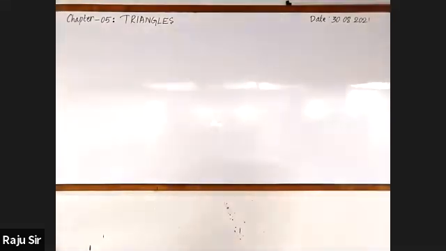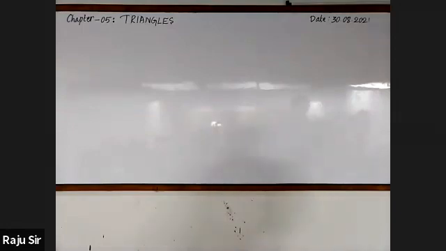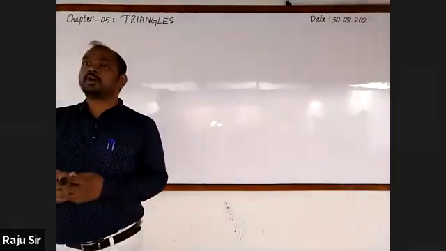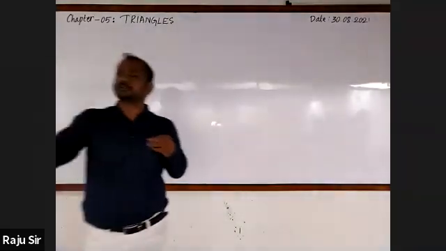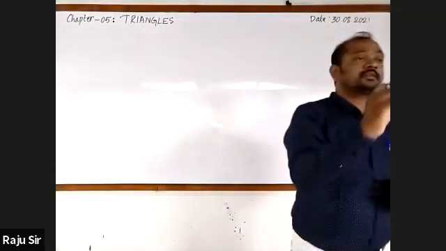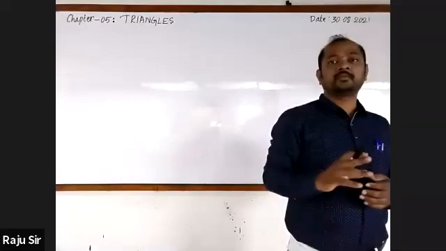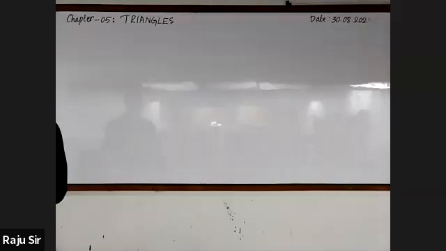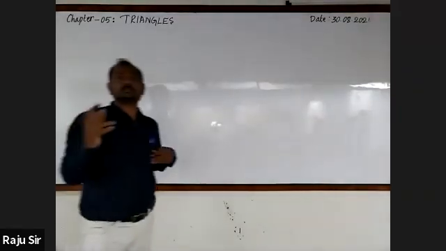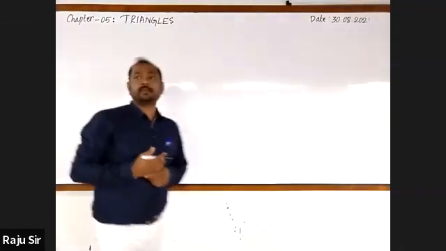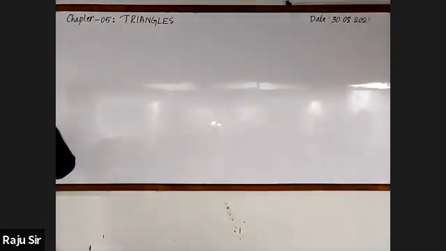If you take the ratio of any two corresponding sides of the equiangular triangles, those ratios will always be the same, right? And to prove this statement, Thales has used the basic proportionality theorem. This basic proportionality theorem is also known as Thales theorem.